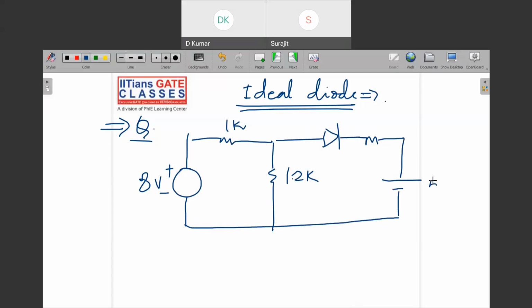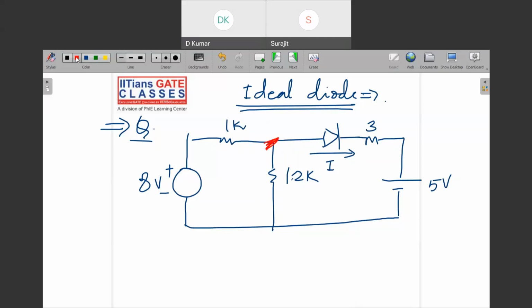You can say this is 5 volt, and this is 3, and this is 1.2K. What you have to find here is whether the diode is on or off. If the diode is on, what is the current? If the diode is off, what is the current?